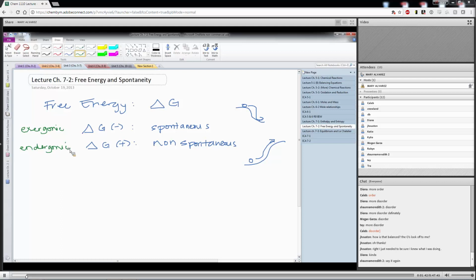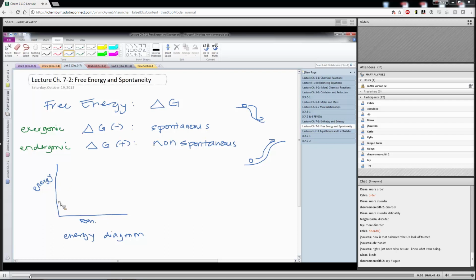And we can even draw what we call an energy diagram to kind of explain what's going on. We could say this is my reaction coordinate, as my reaction proceeds, and then the y-axis is my relative energy level.